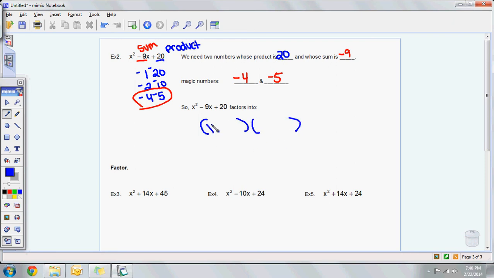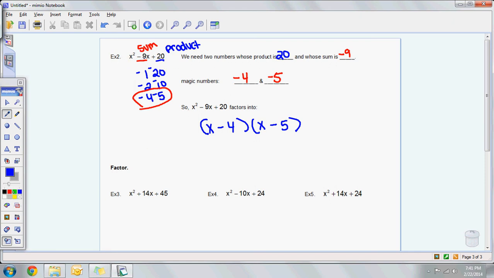So remember, you always start with x times x. Our magic numbers are 4 and 5, and they're both negative. So again, if you're unsure about it, you can FOIL it out to check it, and if you FOIL it out correctly, you should come up with this trinomial.